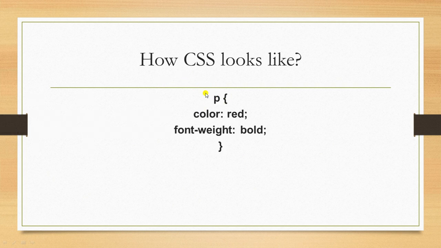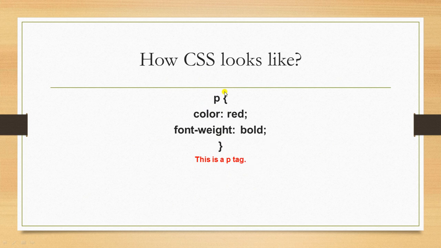Now, how does CSS look like? First we have the tag. This is a P tag. This is called a selector. In this case we are using the P selector. Then we have the curly braces, and then we have the styles, and after we have done the styles, we need to close the styles with the curly braces.